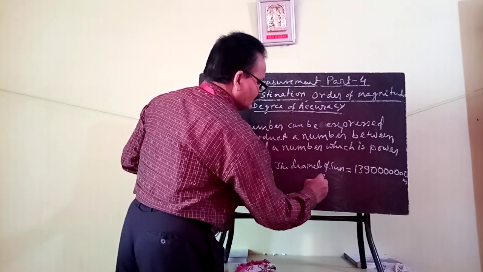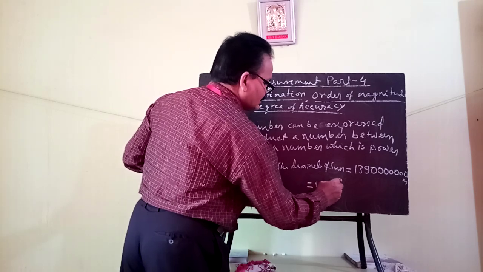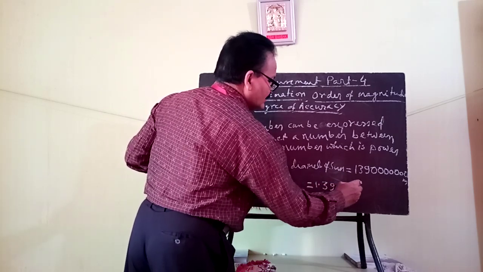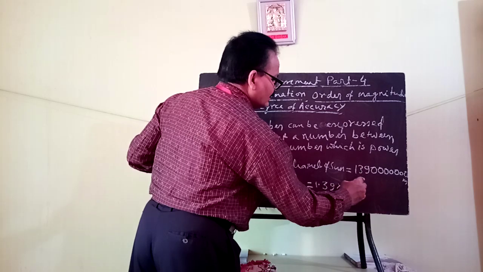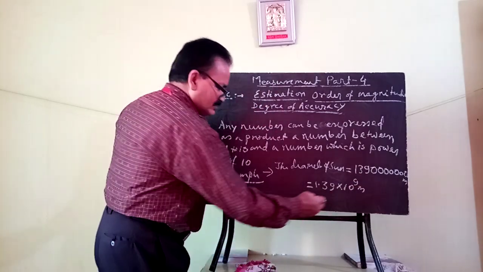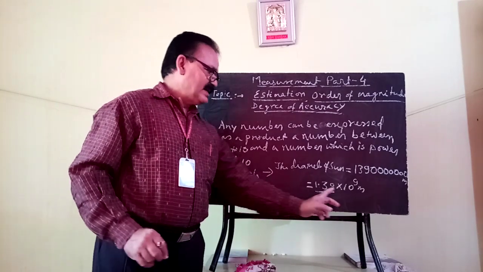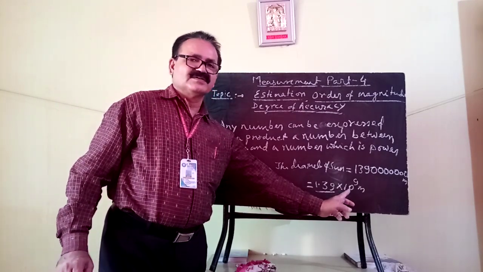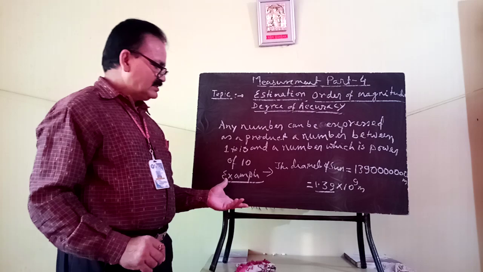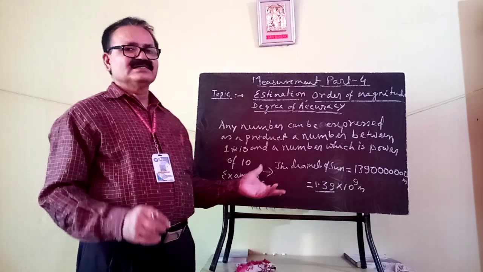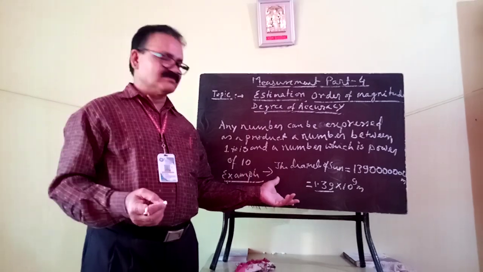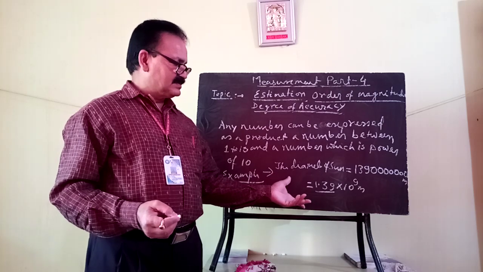That means this is 1.39 into 10 to the power 9 meter. So this part is in between 1 and 10 and this part is the power of 10. In this way, you can express all the physical quantities in standard scientific form.